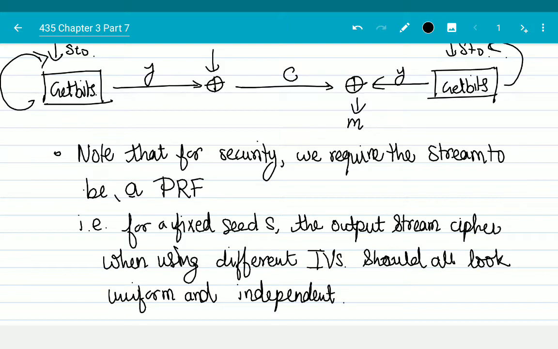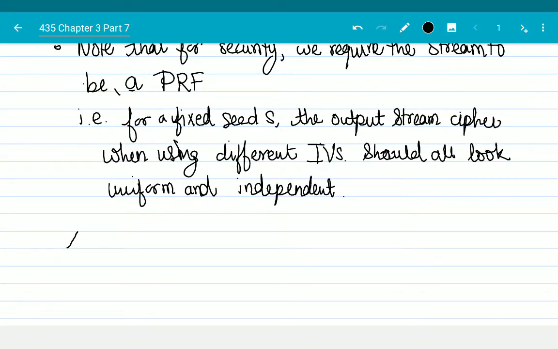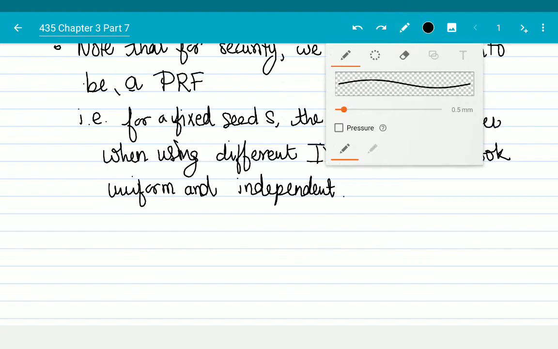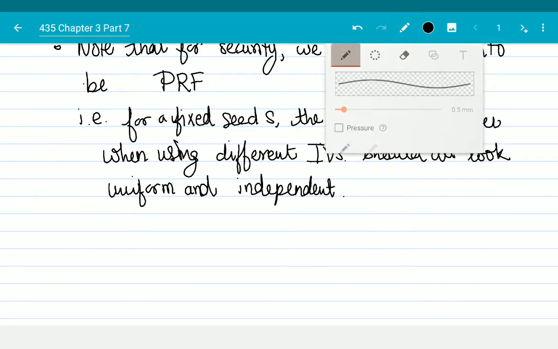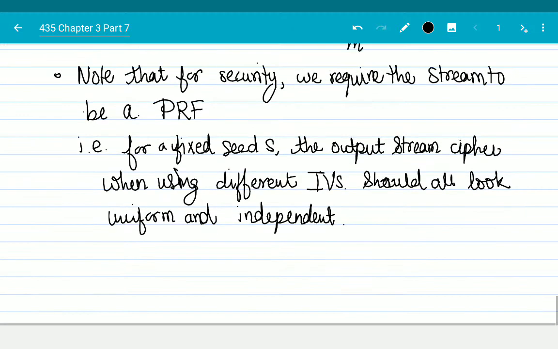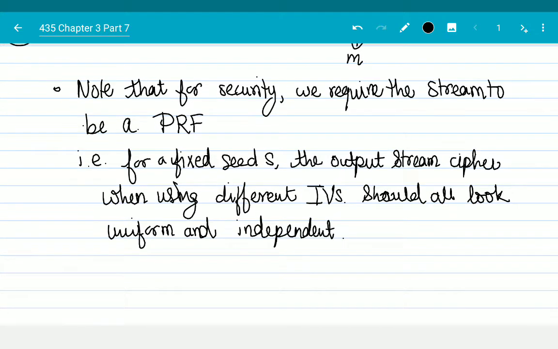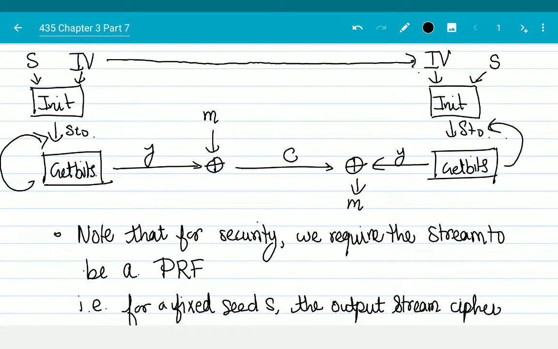So if I'm using different IVs, it should look as if I am sending out uniform things. Otherwise, I will be able to find a distinguisher which distinguishes my Y's, which is the encryption text.